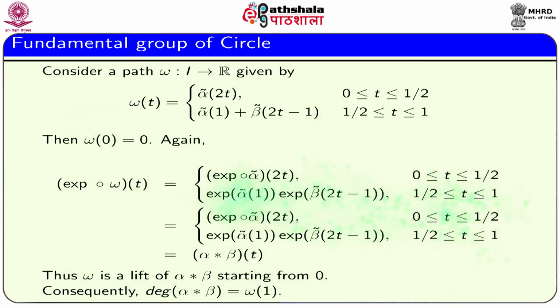Now, exponential composed alpha tilde is actually alpha, and alpha evaluated at 1 gives us the complex number 1. So, finally we have the expression for alpha star beta on the right side. Thus, omega is a lift of alpha star beta starting from the point 0. Consequently, degree of alpha star beta is omega of 1.